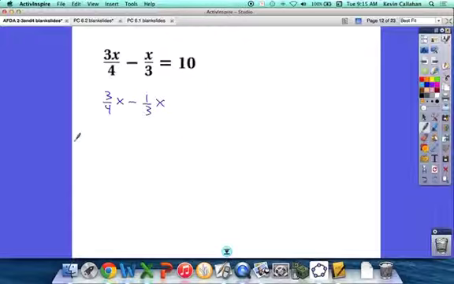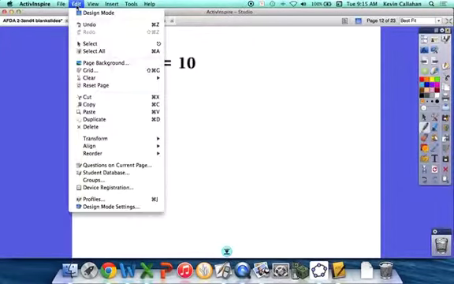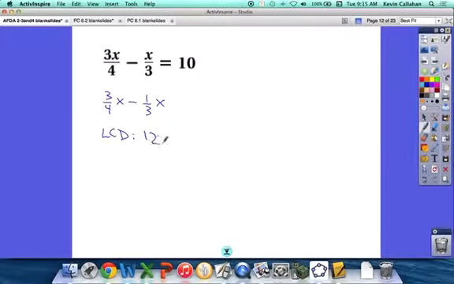Now, instead of doing it exactly like that, normally what you do if you're solving an equation like this is you don't add the fractions like that. Instead, if you identify what the least common denominator is, multiply both sides of the equation by that least common denominator, right? So in this case, the least common denominator is 12.